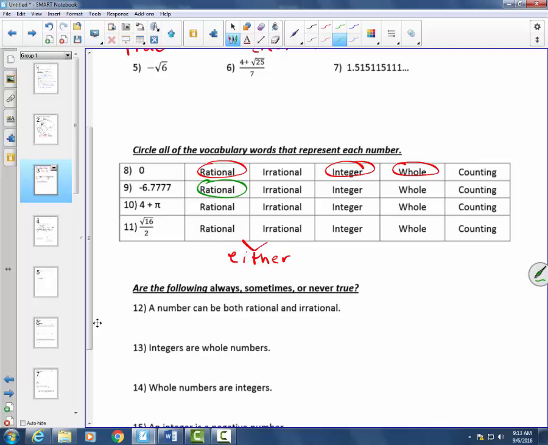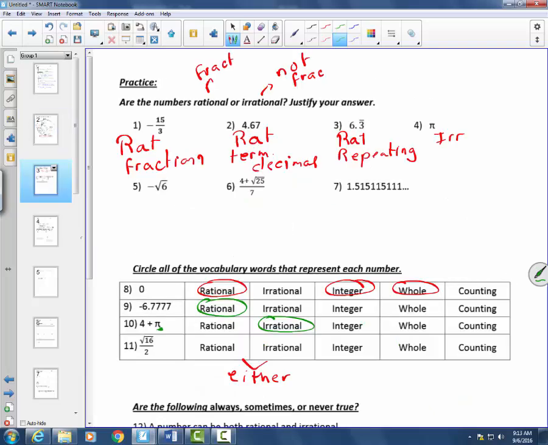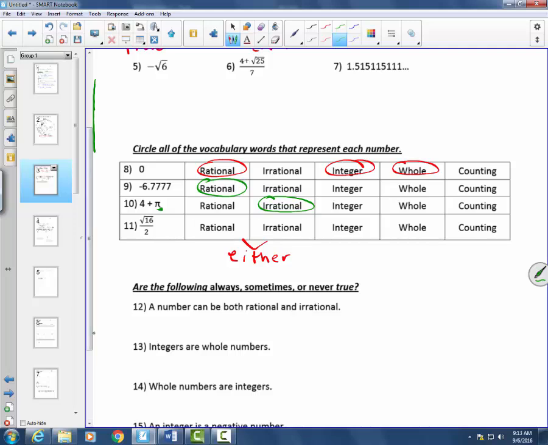All right, 4 plus pi. Well, even though it has a 4, it has a pi. And as soon as you have a pi, irrational. And remember, in our picture, there were no other subcategories in irrational. That was it. Okay, the square root of 16 over 2.